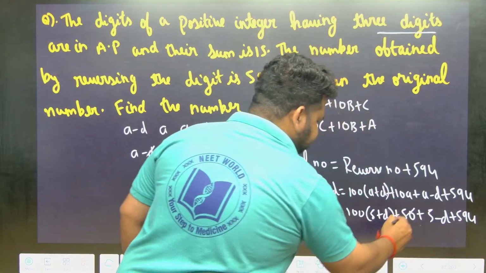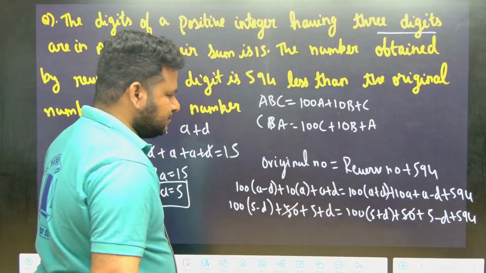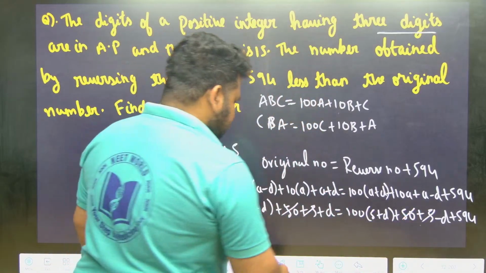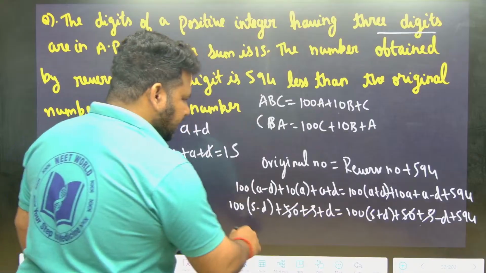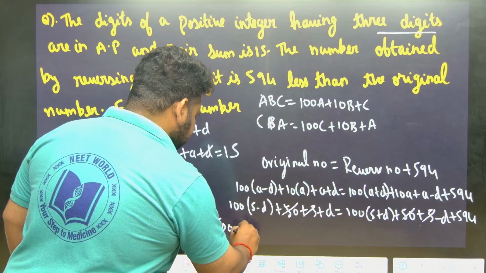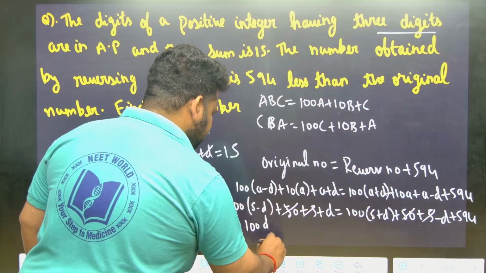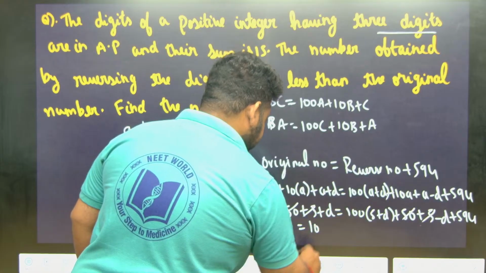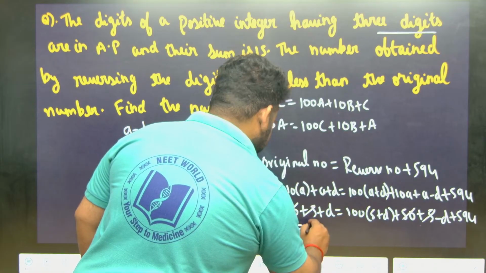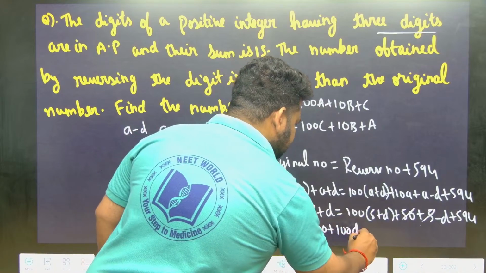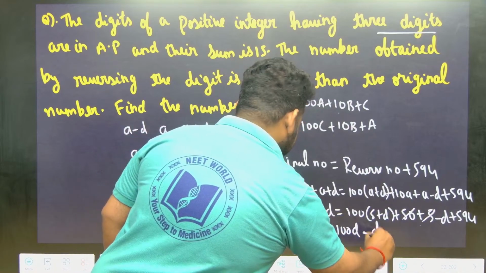Plus 50 I can cancel, and plus 5 I can cancel. Further, 100 into this is 500 minus 100d plus d, and 100 into 5 is 500 plus 100d minus d plus 594.